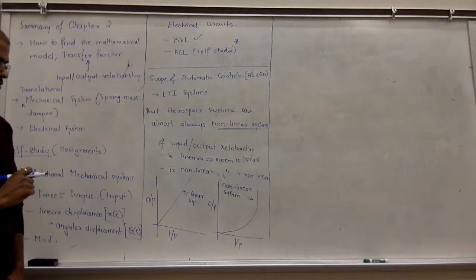Any system equation that has, let's say, a sine term or cosine term is a non-linear system. How does a sine or cosine term look? You guys know that, right?